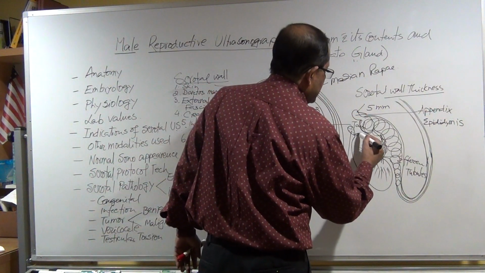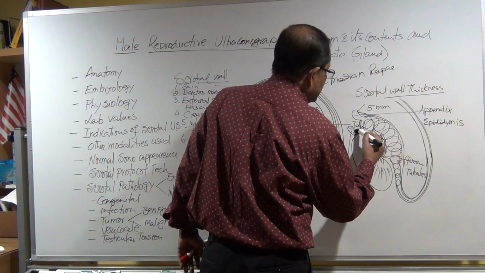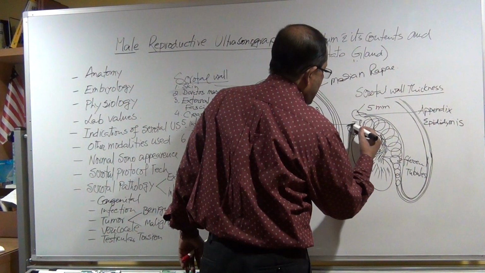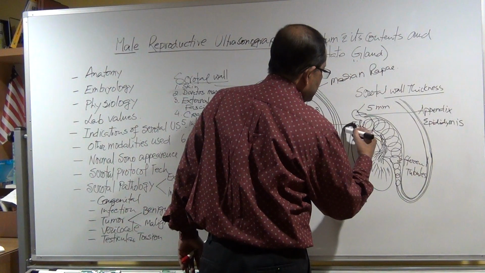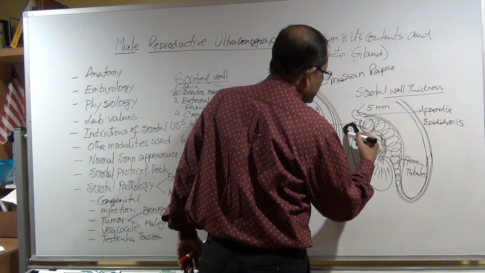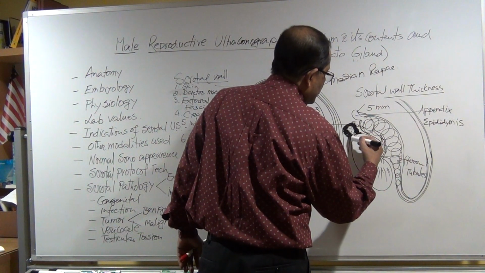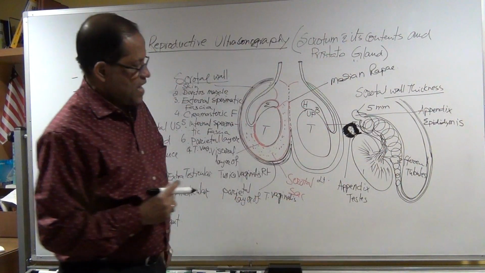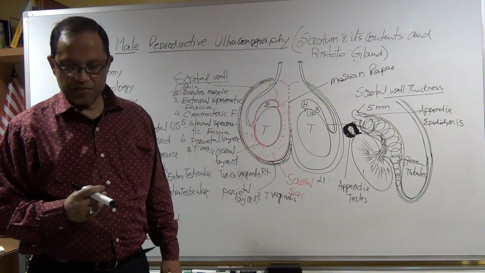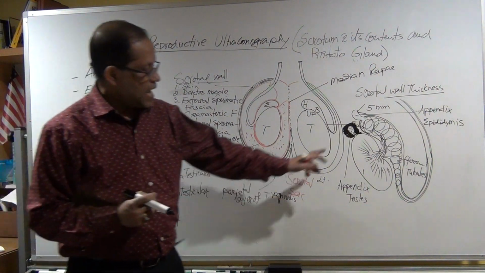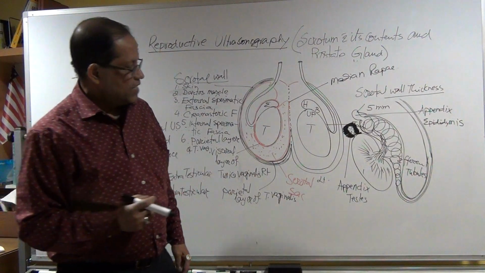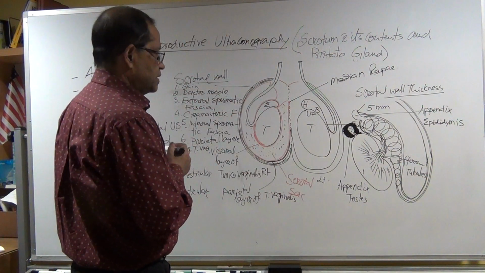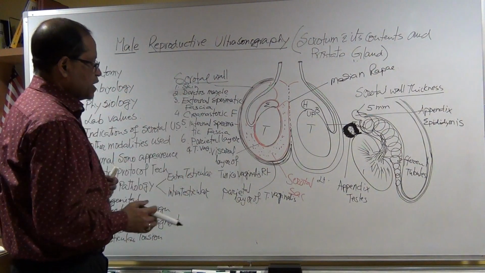I'm just drawing for you a little. If the background is dark, anechoic, now we can see appendix epididymis, appendix testis. You can easily see it. Okay, so you got it.